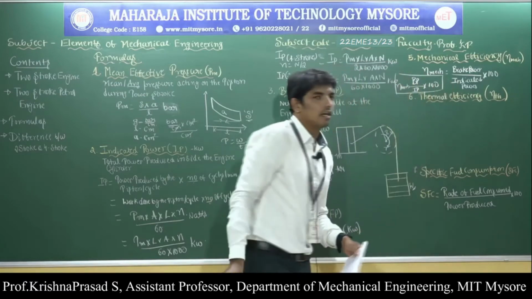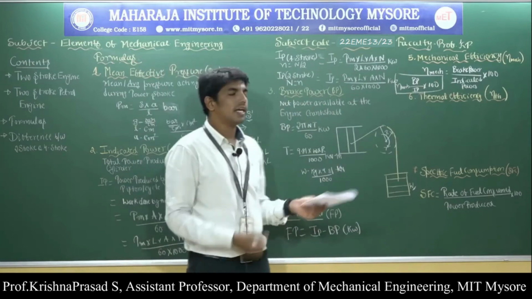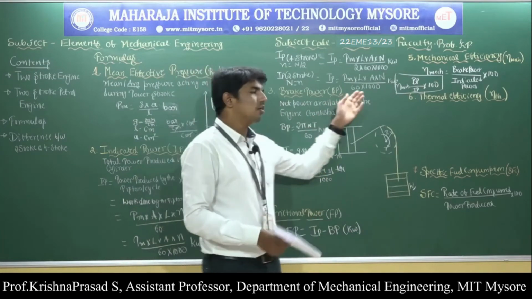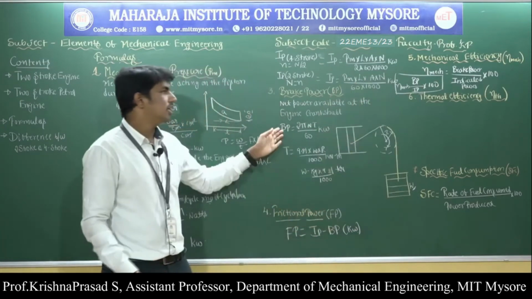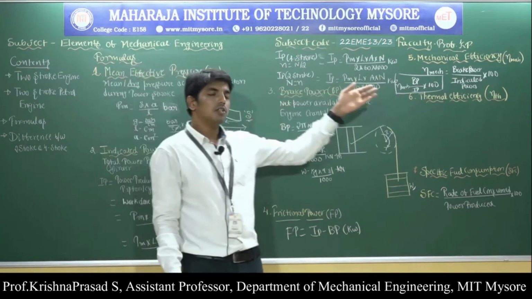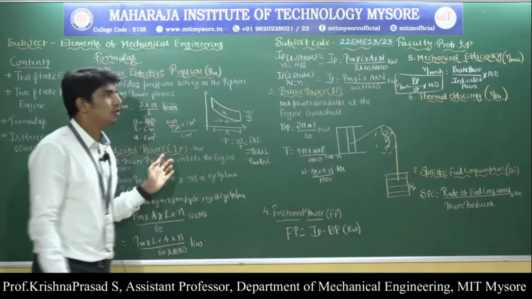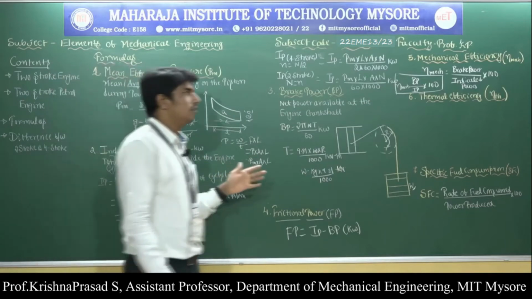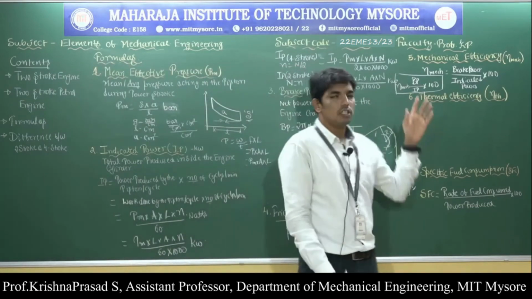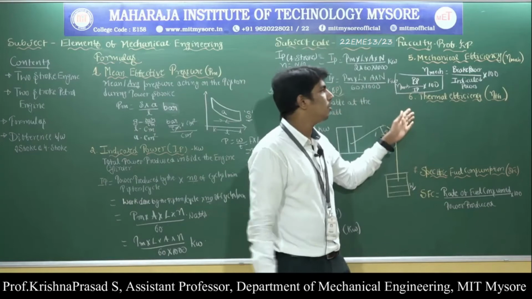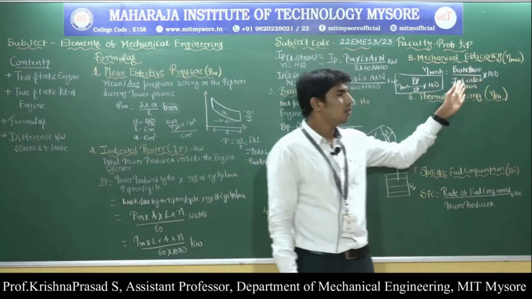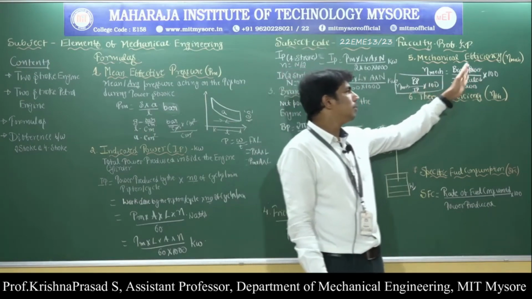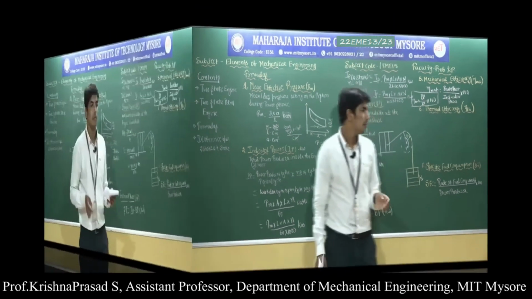Mechanical efficiency is how much power is available at the engine crankshaft relative to how much power is developed due to the combustion of the fuel. Mechanical efficiency does not have any unit, because kilowatt and kilowatt cancel out. Therefore mechanical efficiency is brake power by indicated power.